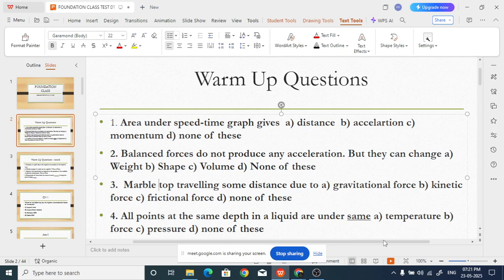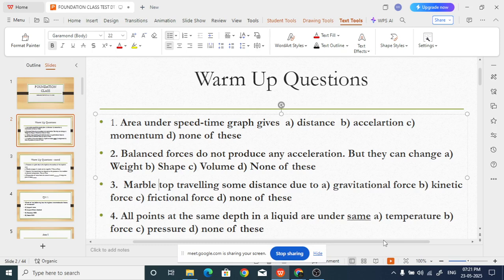Suppose there is a body and 2 forces are acting, and the 2 forces are balanced. It means one force is equal to another force and the direction also is balanced. So it will not move. Balanced forces do not produce any acceleration. It does not move, so there is no acceleration. But it can change what? Shape. Is it correct? Others?